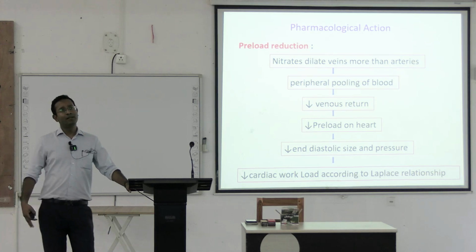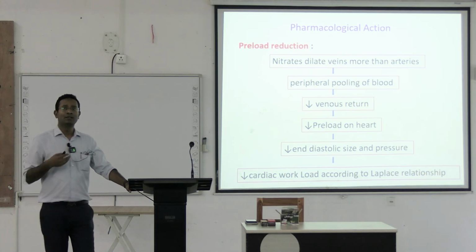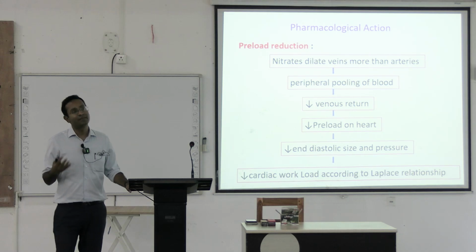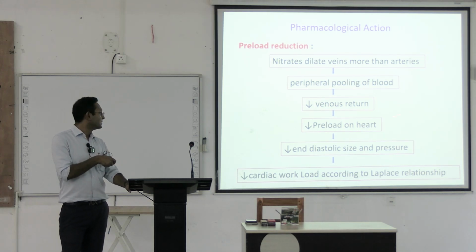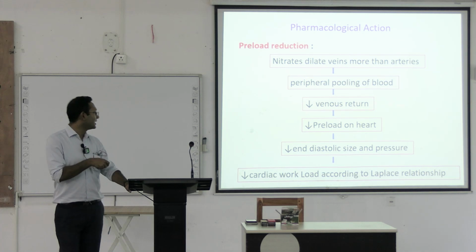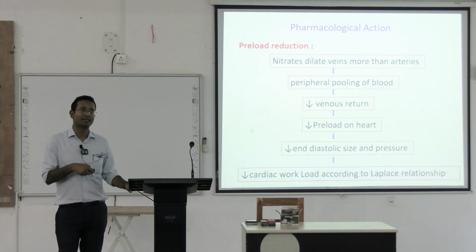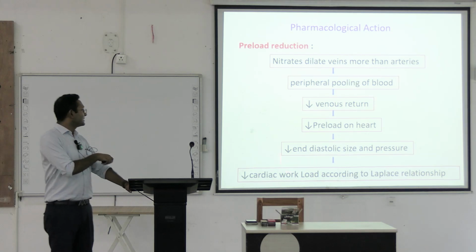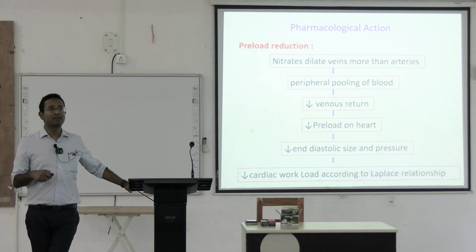If peripheral pooling of blood happens, there is a decrease in venous return to the heart. What will happen if there is decreased venous return? It decreases the preload on the heart. Thus, decreasing the preload on the heart leads to a decrease in end diastolic size and pressure. Now, if there is a decrease in end diastolic size, this leads to a decrease in cardiac workload.